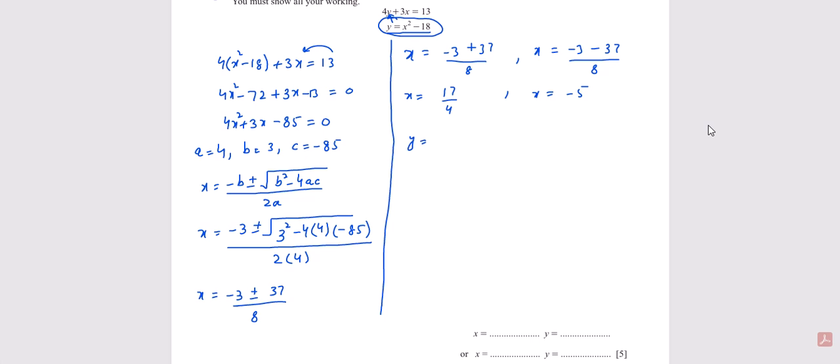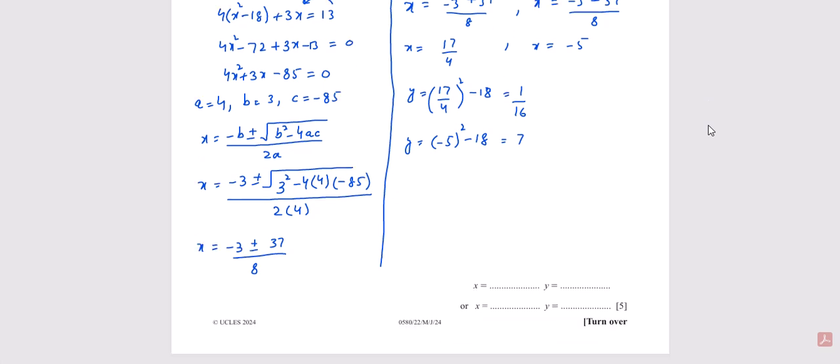Y is equal to x square minus 18, with x as 17 over 4. Calculate these values, we get 1 over 16. And now put x is equal to minus 5 in this equation, minus 5 square minus 18. Calculate these values, we get 7.